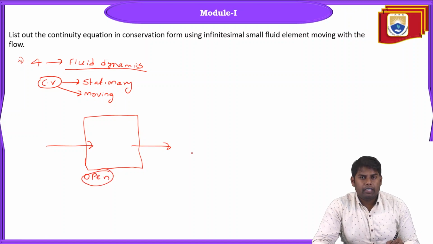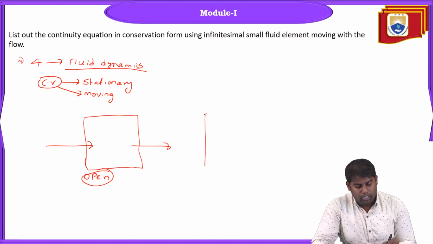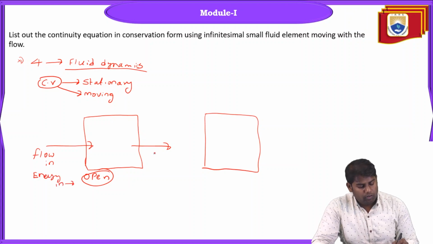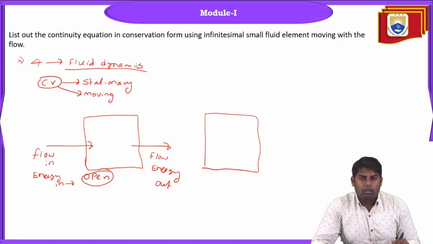The other is a closed control volume. Here you have flow in and energy in, flow out and energy out, where the energy you can take in terms of the heat or the work applied.